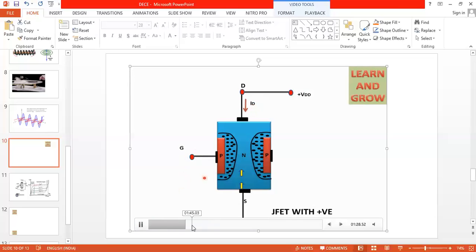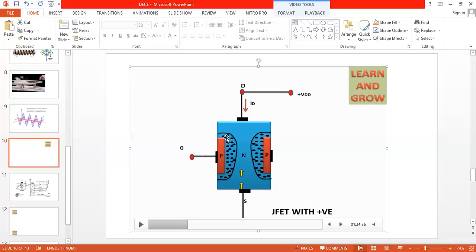In the examination, you have to draw the diagram, and the second diagram will show the movement of electrons. The source is connected to negative. Electrons have negative charge, therefore they are repelled by negative polarity. They try to move from source to drain. But the direction of current is always taken opposite to the movement of electrons. Therefore, the arrow mark is shown: ID, the drain current, is shown opposite to the movement of electrons.